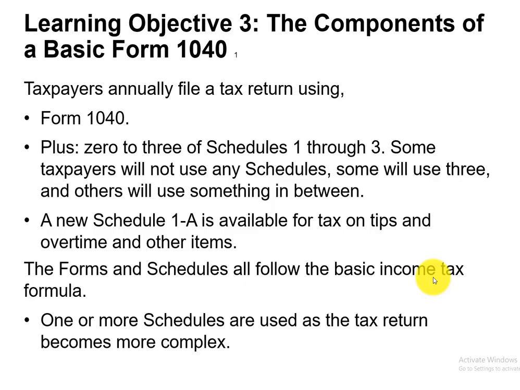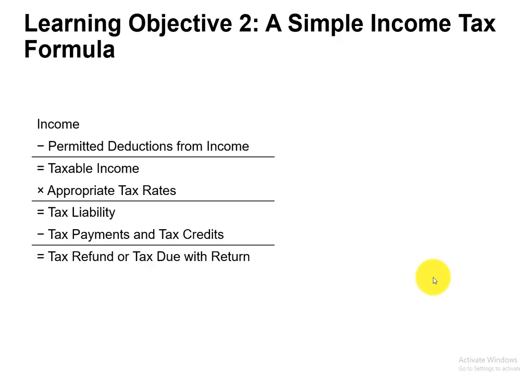All of these schedules, though, calculate kind of like a total, if you will, that goes to the 1040. So the detail or the behind the scenes or the extra calculations are on the schedules. The number comes over onto the 1040. These are all just fitting in to our basic income tax formula, okay? So if you look at the 1040, basically the whole first page is the income part, calculation of income, just listed out.